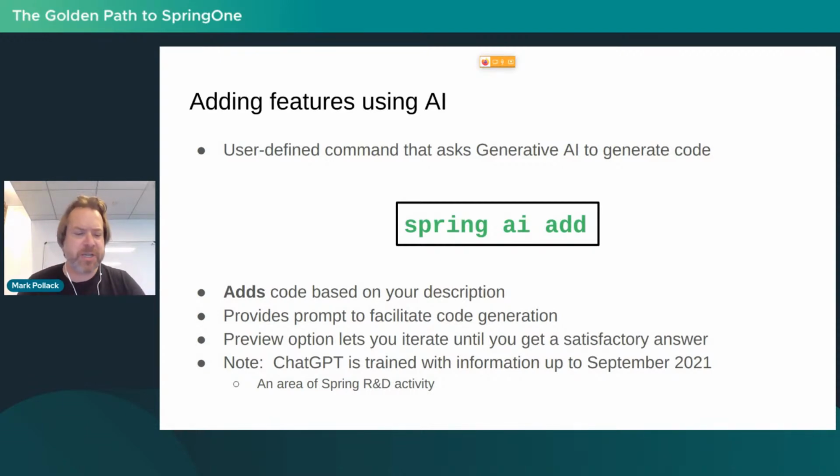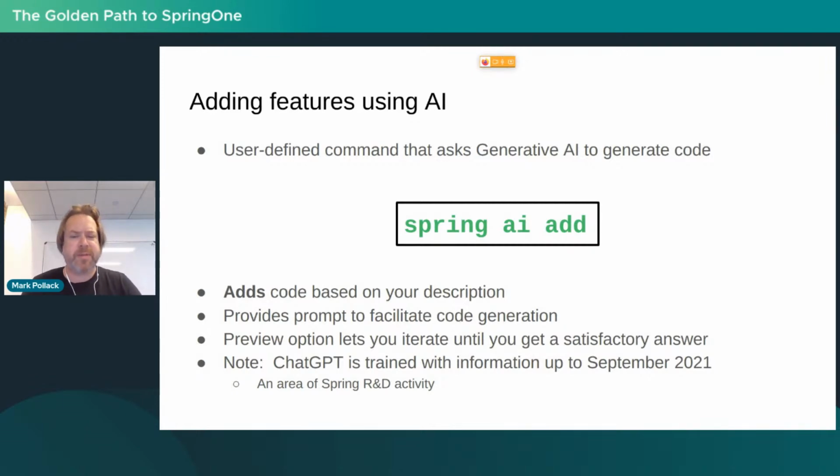A lot of the magic here is around a term that's becoming common in generative AI circles, called prompt engineering. It's all about what you ask, and asking nicely, and asking in a way that it understands. So that's a little bit of a dark art, but it's learnable. And definitely the prompt I put into Spring CLI went through a lot of changes until I ended up with the correct one.